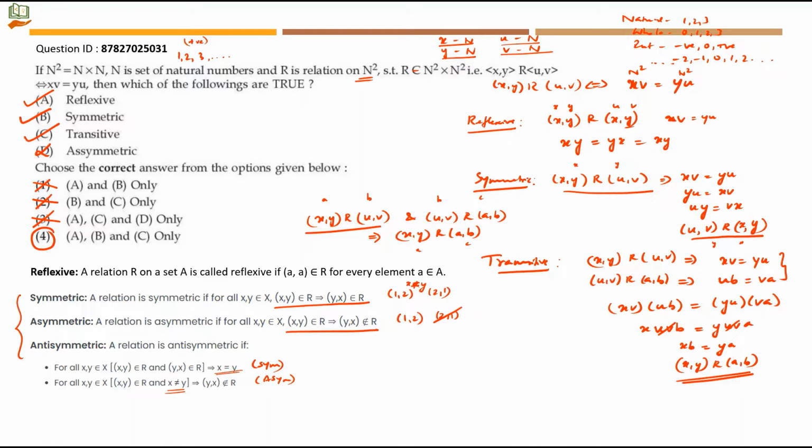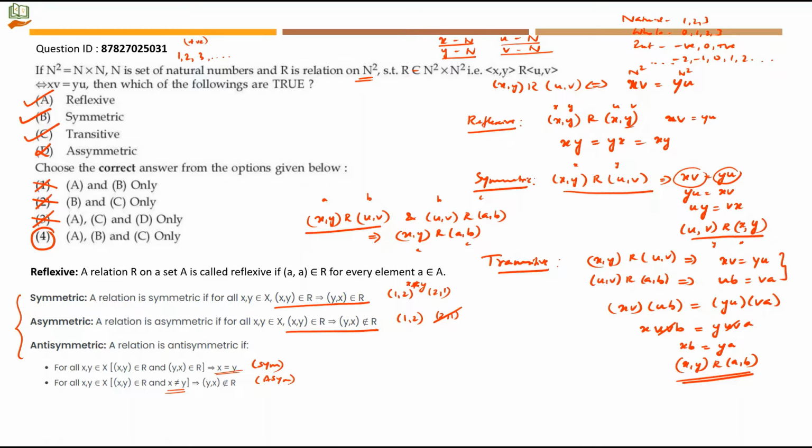Asymmetric is stating that there is no (y, x), but here since it's a product, we are just making y into u as u into y, and since this is also a product, we are making it as v into x. So we have an option to change this because it's just a product. Since this symmetric property is possible, we can never say that (y, x) does not belong to R when it comes to multiplication, because 1 into 2 will give 2, 2 into 1 will also give 2, 3 into 2 will give you 6, 2 into 3 will also give you 6.